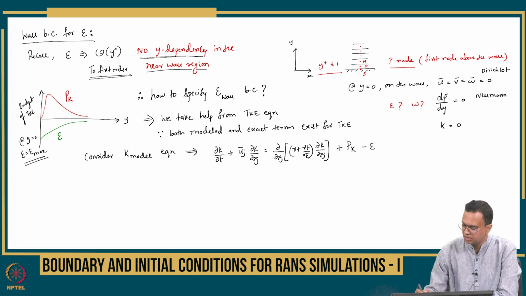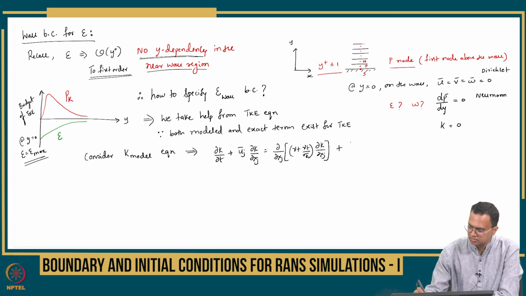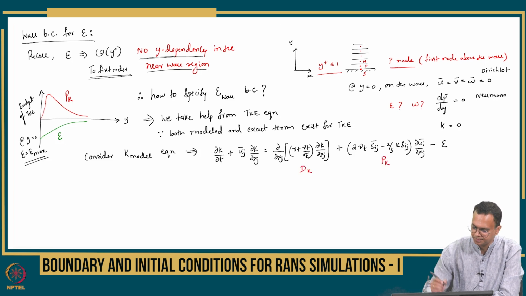Okay, Pk also I can expand it if you want. So Pk term is 2 nu t Sij bar minus 2/3 K delta ij, dou ui bar by dou xj, minus epsilon. Okay, this is your production rate, diffusion rate terms.